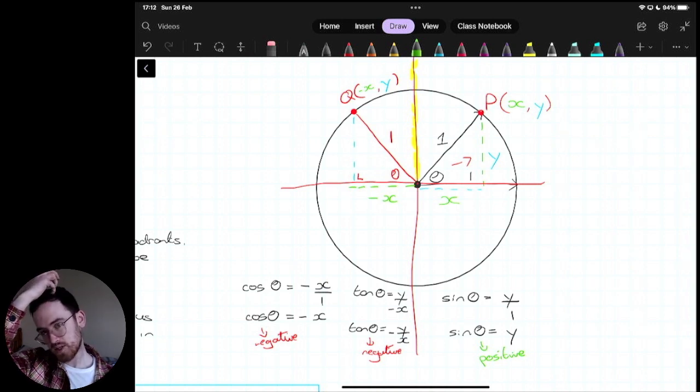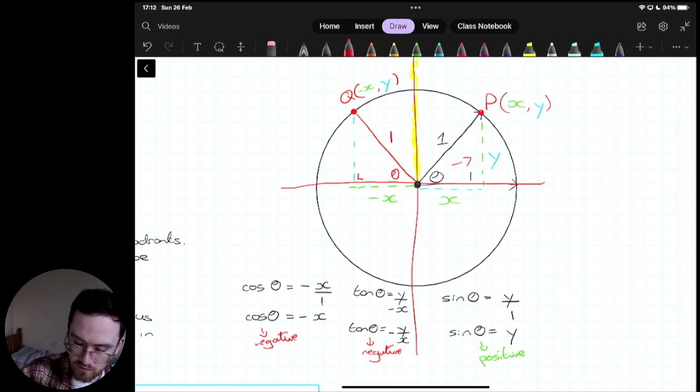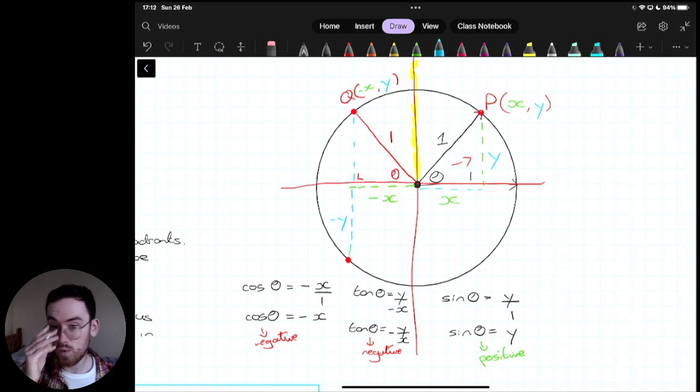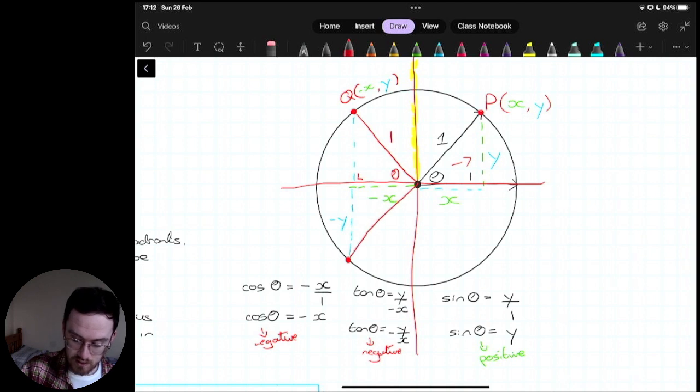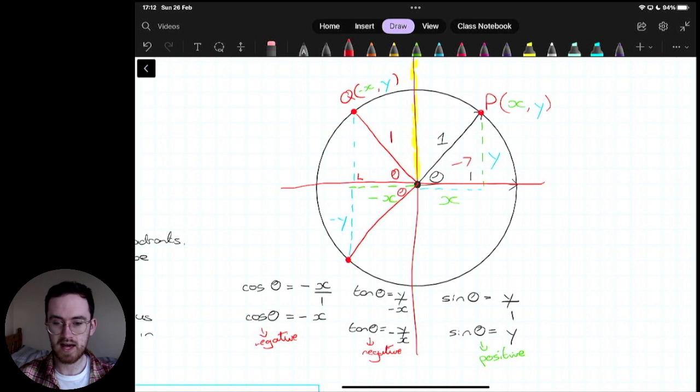And what we end up with is something similar when we go down into the other quadrants. So if I was to pick another point here, say we pick this point here, I'm still going across -x, but this time I'm going to go down the way. So I will have -y also. So -x and -y. And what that means, if we look at the examples we have here, -x, we've already said, means that cosine is negative.